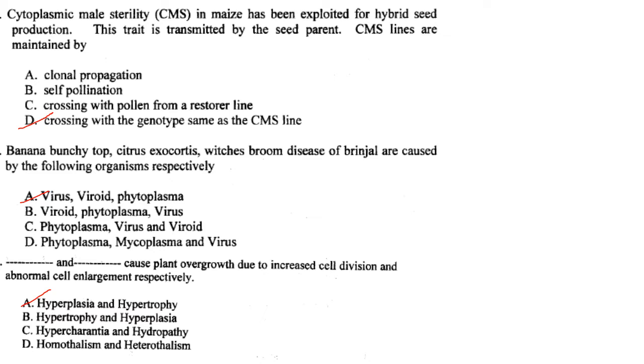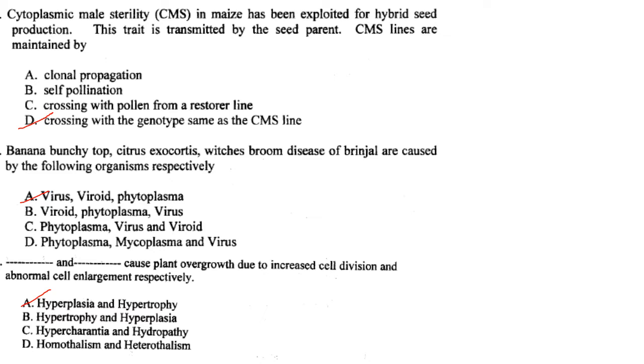Hydropathy is a therapeutic system that professes to cure all diseases with water. And homothallism is having male and female reproductive structures on the same thallus. And heterothallism is the production of two types of thallus or hyphae in fungi designated as plus and minus type. These hyphae undergo nuclear fusion to produce the zygote.